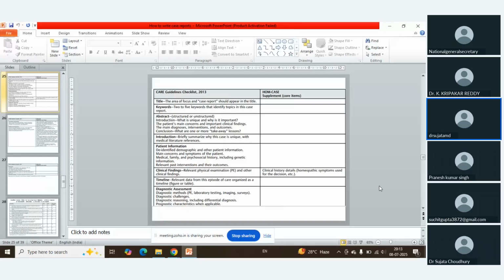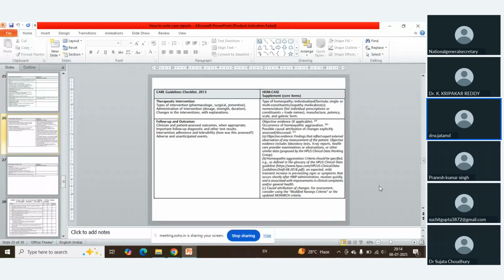As a homeopath, we require some more information while taking the case, relevant for the treatment of the patient, to know the patient, or for anamnesis. We can include that in clinical findings or in patient information during case taking.